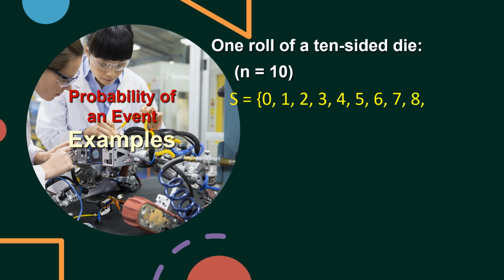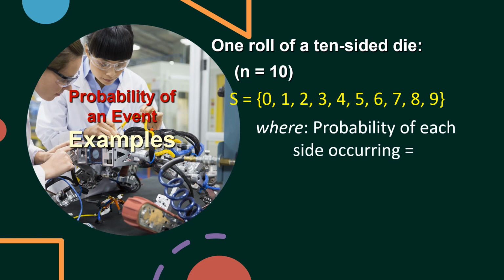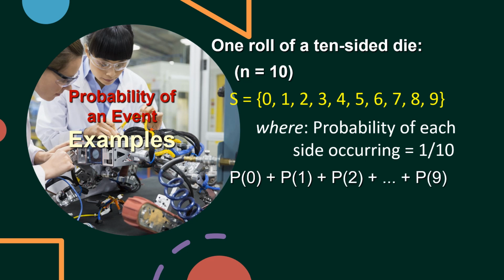Therefore, the probability that each side or each event will occur is 1 over 10. And when we express it mathematically, we have the equation: probability of 0 plus the probability of 1 plus the probability of 2 until we reach the probability of 9. That's equivalent to 1.